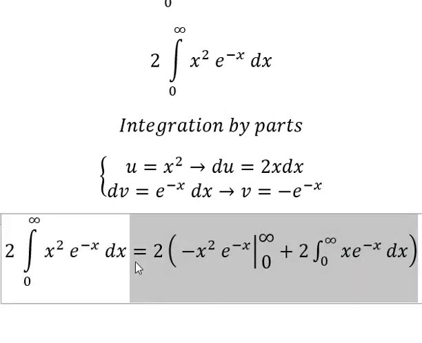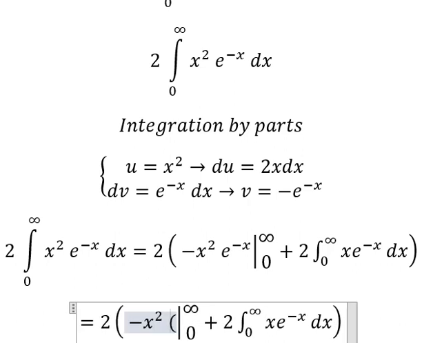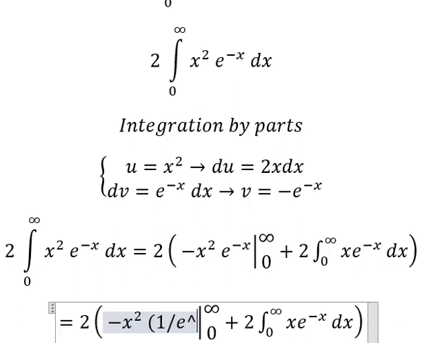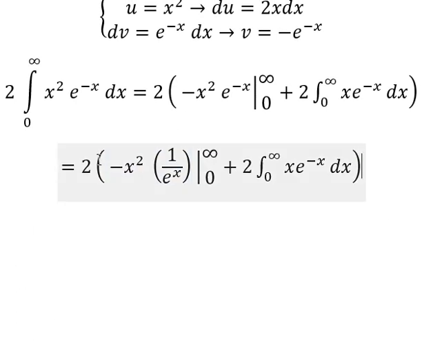So in this situation, I know that when s approaches positive infinity, this one is 1 over e to the power of s. So we need to find the limit of this one.